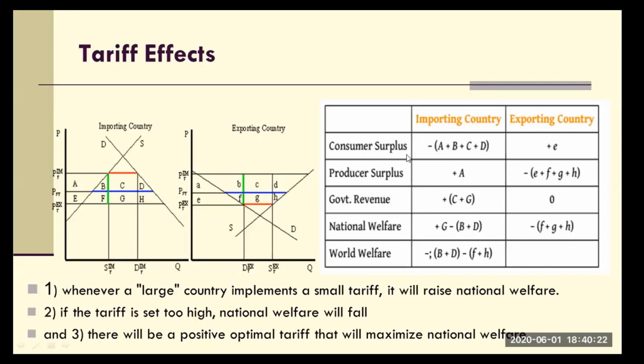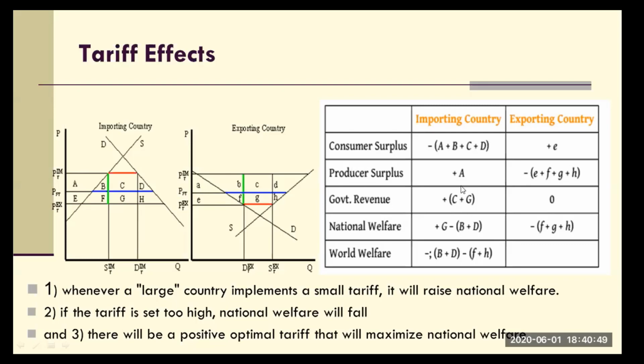So consumer surplus, that means A, B plus C in the importing country, and in the exporting country C, D. This area is affected. The producer surplus, that is only the capital A, is affecting the importing country. On the other side, E, F, G, H can be negatively affected.